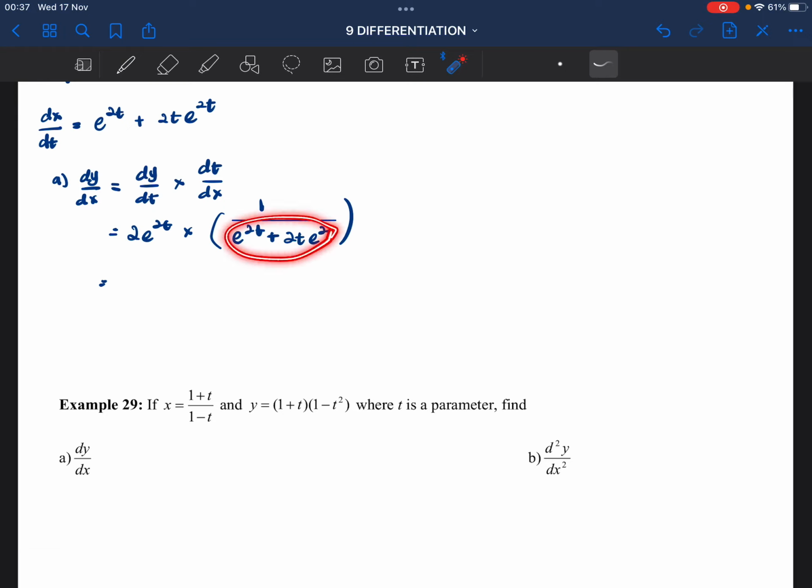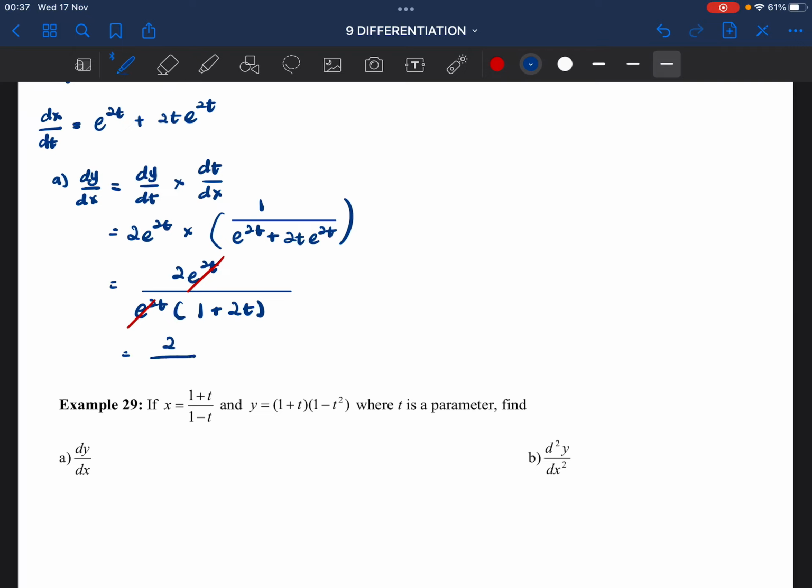Here we can factorize e to t. Let's write it this way, easier to see. Equals e to t over e to t times 1 plus t. Factorizing this part, we should have 1 plus t. Now we can cancel, and the answer here is 1 over 1 plus t.